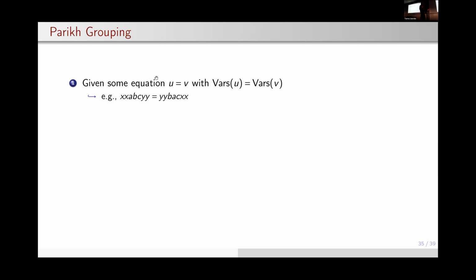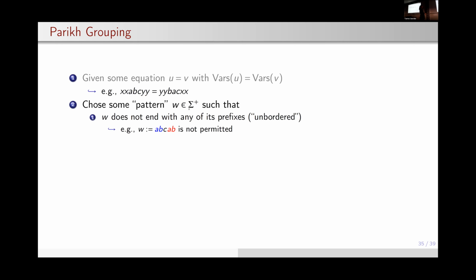So to put it into a nice algorithm, let's assume we have an equation u is equal to b, and we simply have the same multi-set of variables, like our equation here. What we do is we choose a pattern. A pattern is just a constant string, not the empty string. We have some constraints on it because this set of potential candidates is pretty huge.